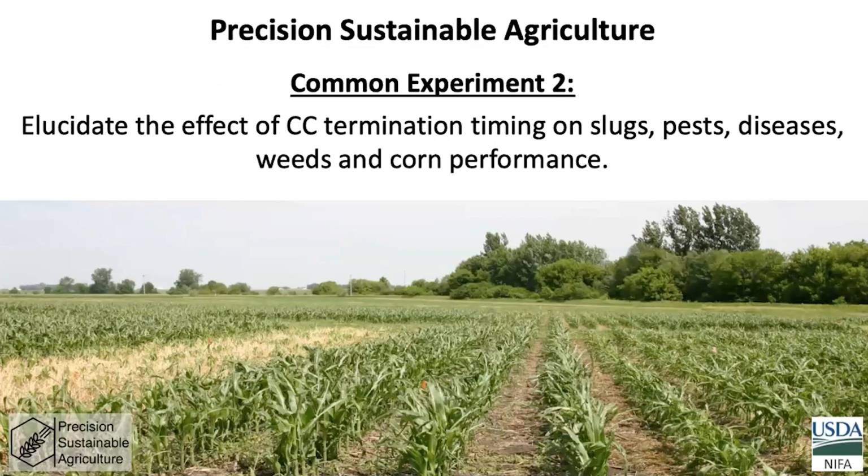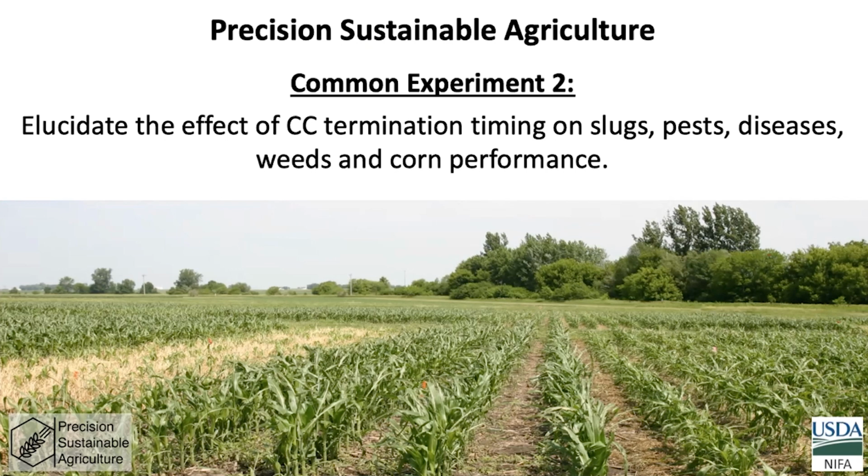Before I end off, I just want to mention that this study is going national. I am part of a national grant that's being led by Stephen Mirsky in Maryland and Chris Rehborg-Horton in North Carolina. It's a big grant on precision sustainable agriculture, and I'm involved in Common Experiment 2.